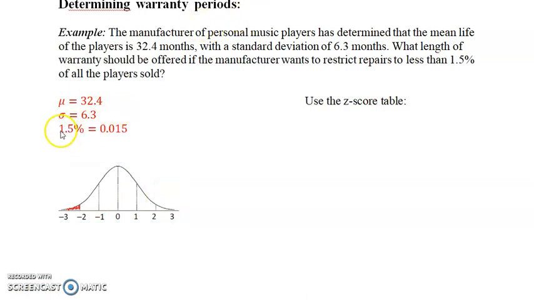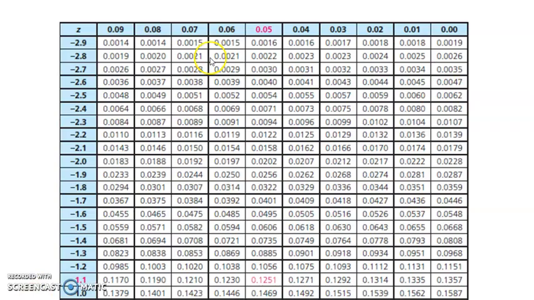We know that it's 1.5%, and we want it to be less than that. It's going to be 0.015. So we want to go look for that Z-score on the Z table. We try to find 0.015, and it's right here, as you can see, which is a Z-score of negative 2.17.